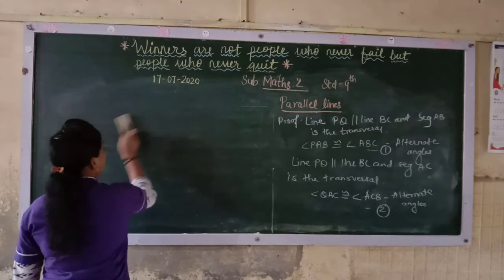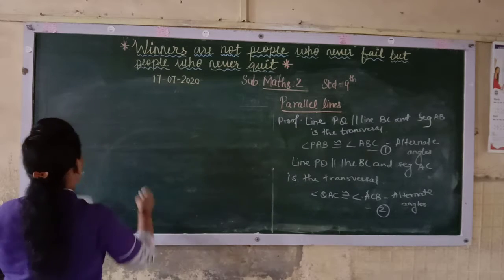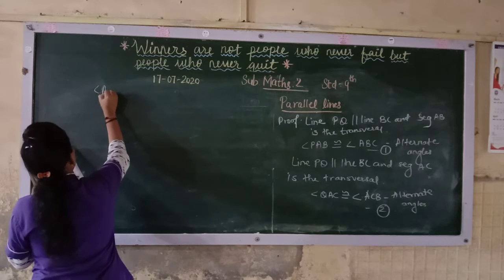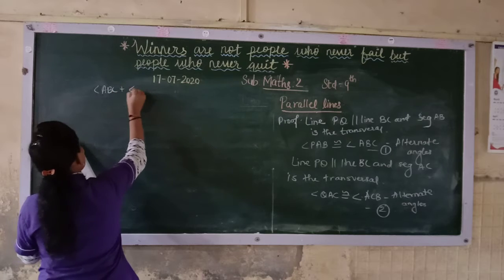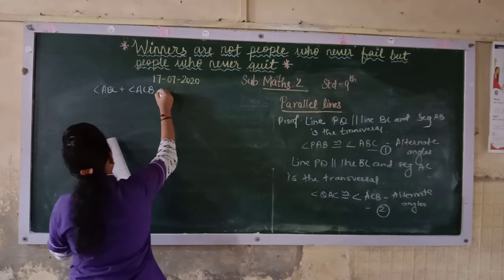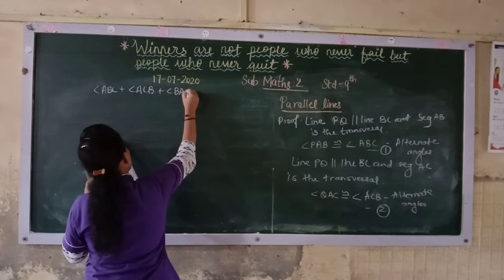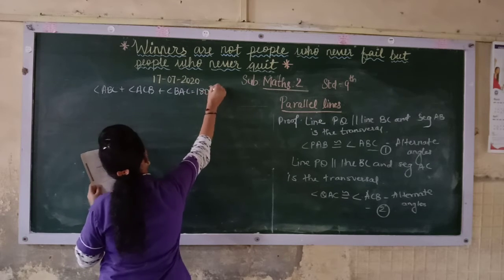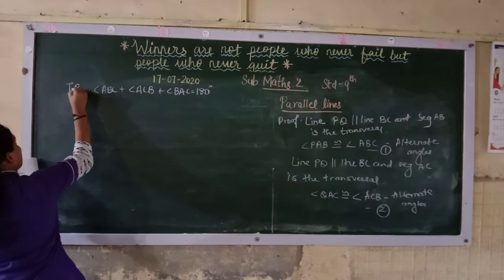And make the figure again. So here we wanted to prove angle ABC plus angle ACB plus angle BAC is equal to 180 degrees. This we have to prove.